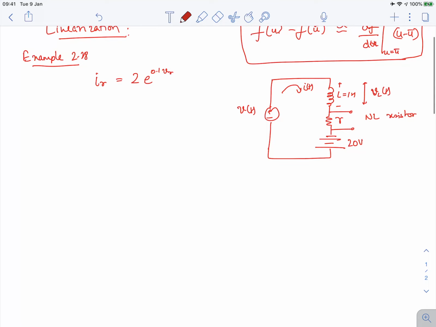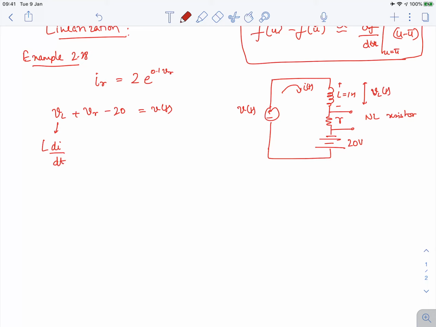So if I write the simple KVL equation for this loop, I would have the voltage across the inductor plus the voltage across the resistor minus the DC voltage of 20 volts is equal to V of t. Okay, so this VL we know is L di by dt.